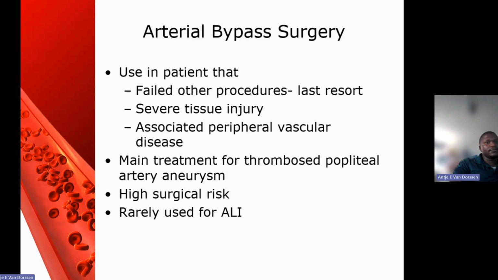You do see a lot of these patients coming back with complications. It's something that we see quite commonly, I must admit. Bypass can also be the mainstay treatment for thrombosed popliteal artery aneurysm in high surgical risk patients, but it's rarely used for acute limb ischemia.